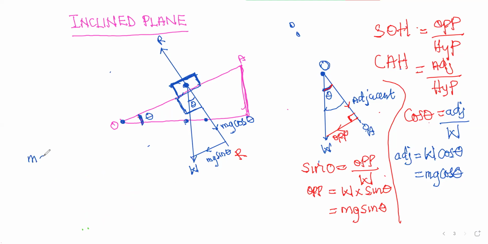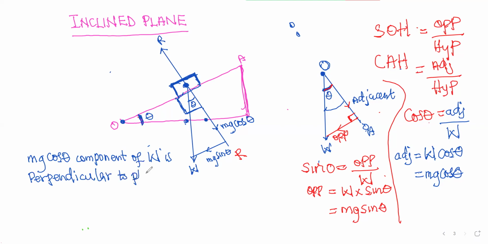Mg on an inclined plane, mg cos theta, component of the weight W, is perpendicular to the inclined plane.